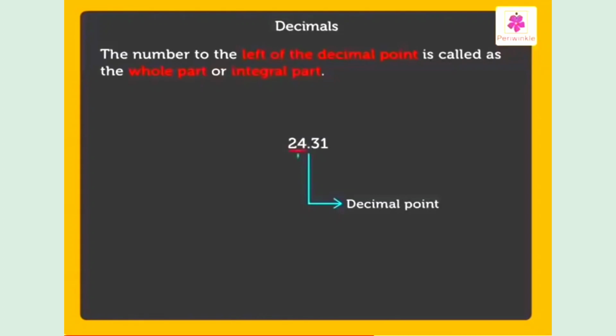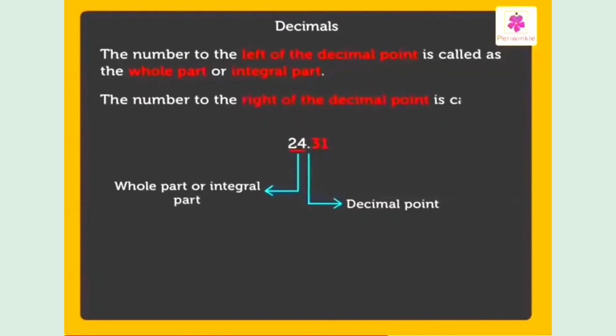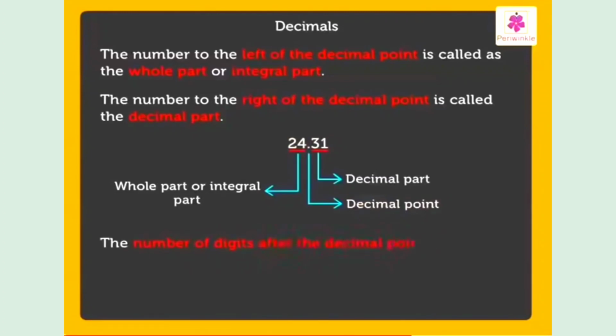Thus, the number 24 is the whole part or integral part. The number to the right of the decimal point is called the decimal part. So, 31 is the decimal part. The decimal point separates the integral part and the decimal part. The number of digits after the decimal point are called the number of decimal places.